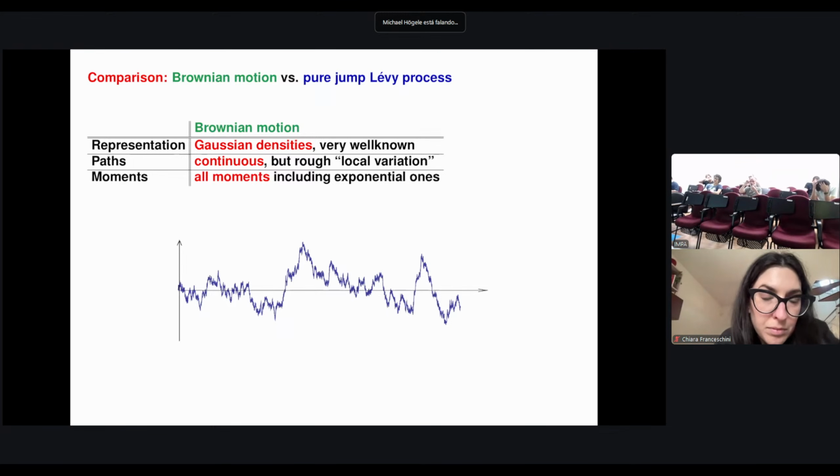Right? So in comparison, Gaussians have these covariance structures, which is just a finite dimensional object, while the Lévy processes are much richer, especially in the case where we have poles close to zero. In addition, due to the Gaussianity, all moments, including some exponential ones, are finite.